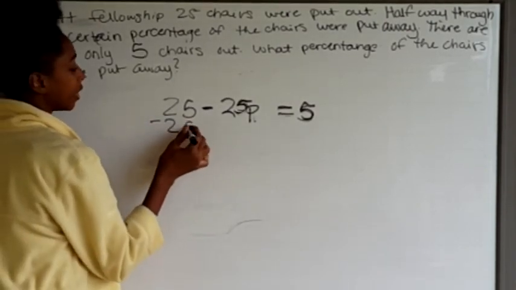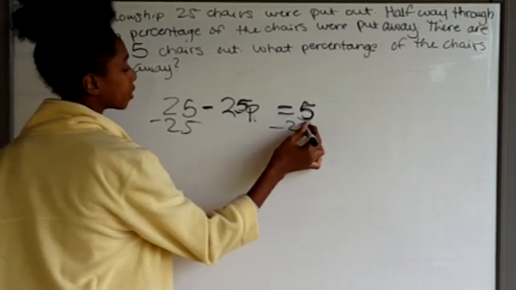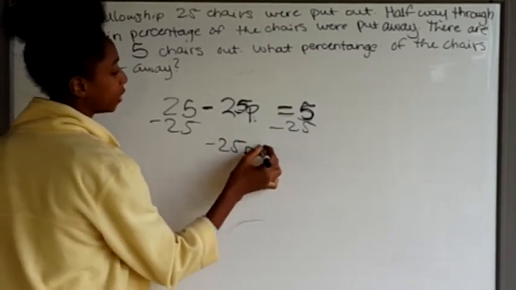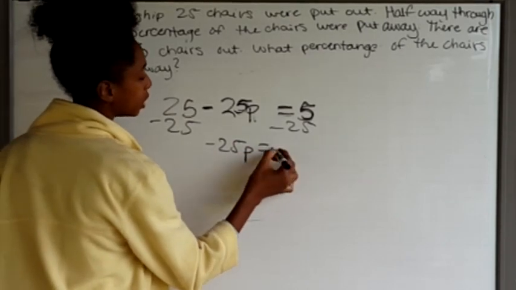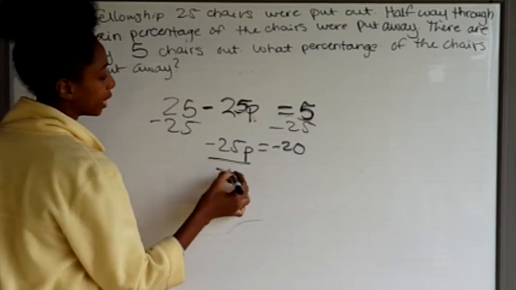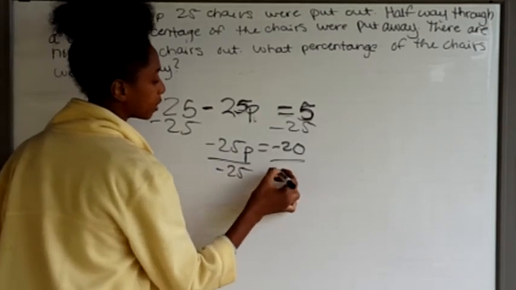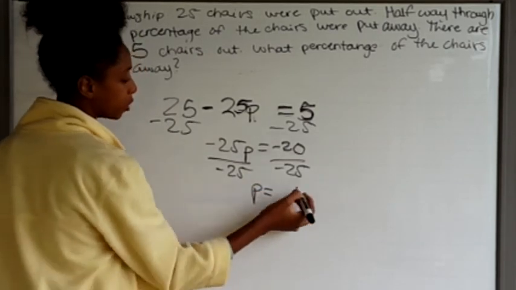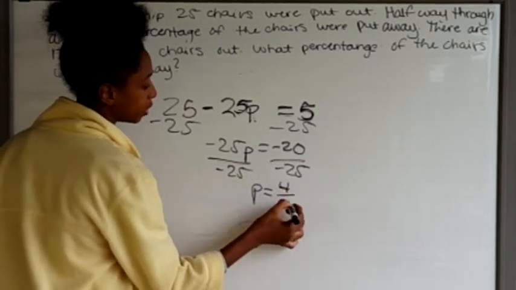So we subtract 25. And we're left with negative 25P equals negative 20. And then we divide by negative 25, which gives us P equals, that reduces to 4/5.